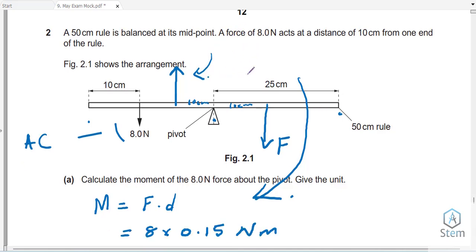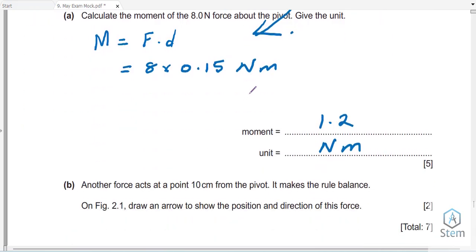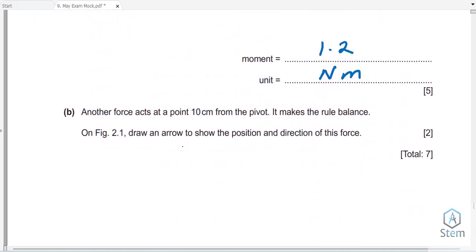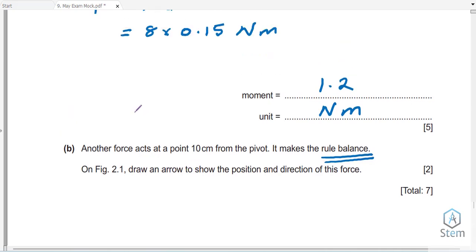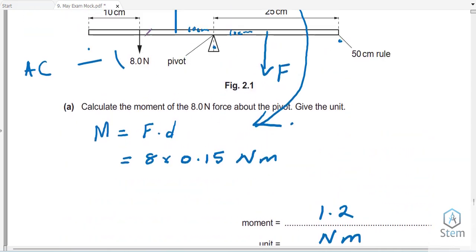So the idea is to provide a force that gives clockwise, because for equilibrium to happen, equilibrium is balancing, which is referred to here. We need to counter the given anti-clockwise force with our own clockwise force.